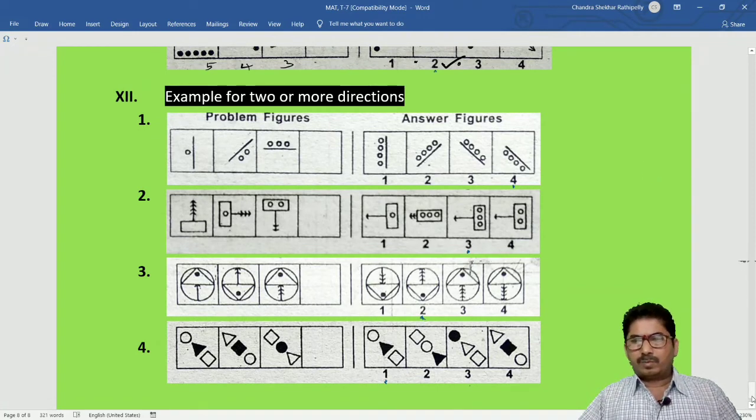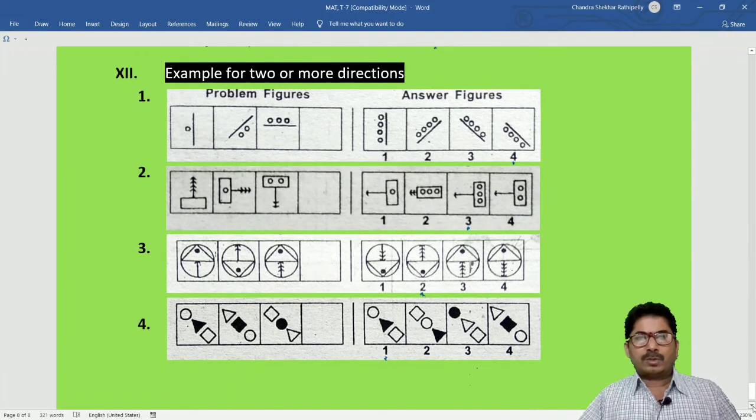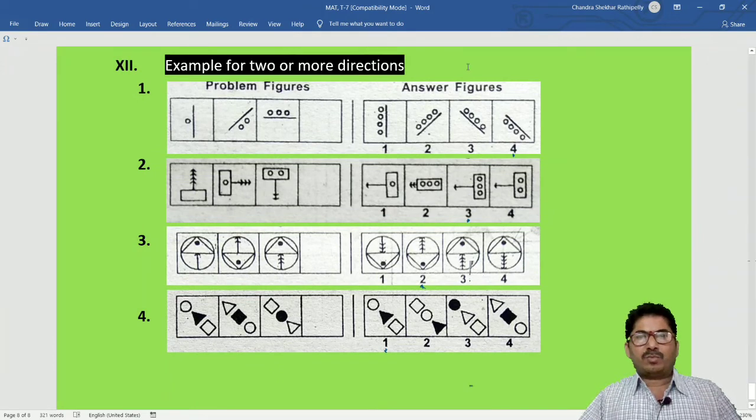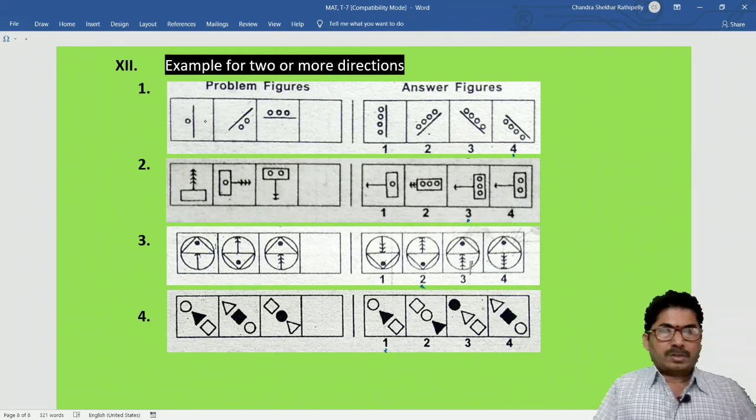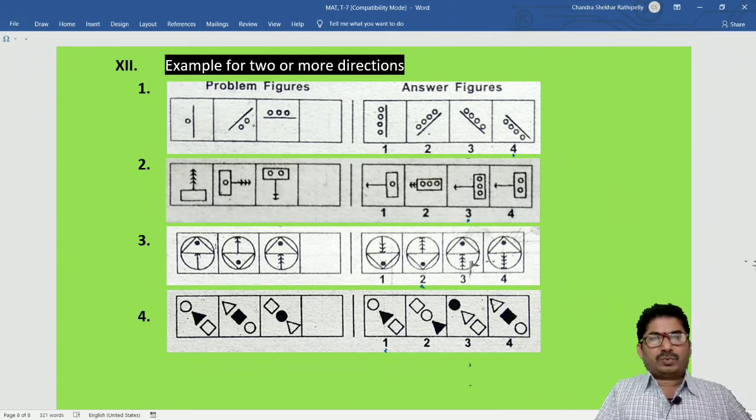Now, example for two or more directions. One zero, two zeros, three zeros, next four zeros. Four zeros in all have four zeros. So all are in competition.